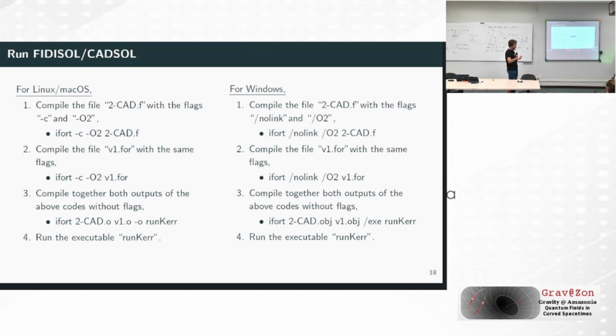And then with the outputs from this line and this one, you can link the two outputs and create an executable. Here I call it run car, for example. And then you just have to run the executable.